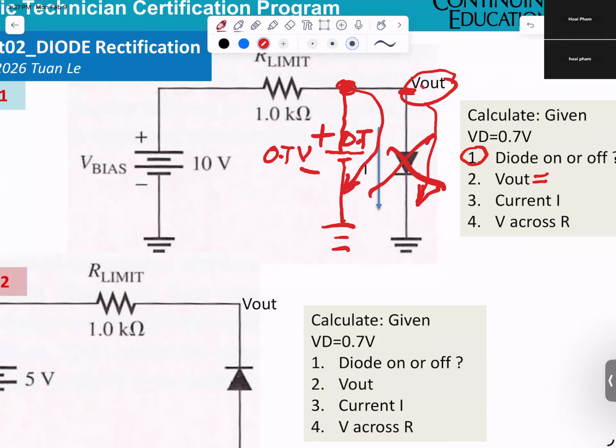Okay. Current I equals 10 minus 0.7 divided by 1K.